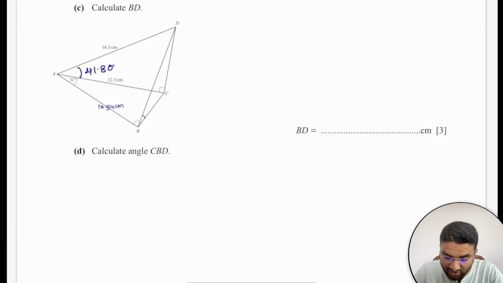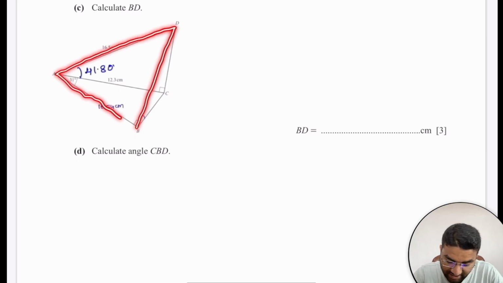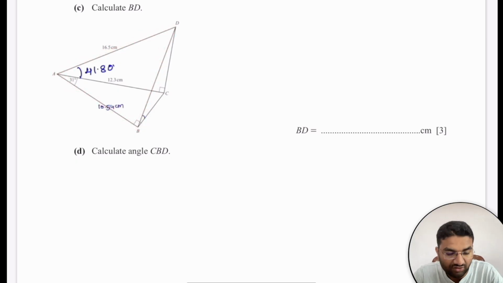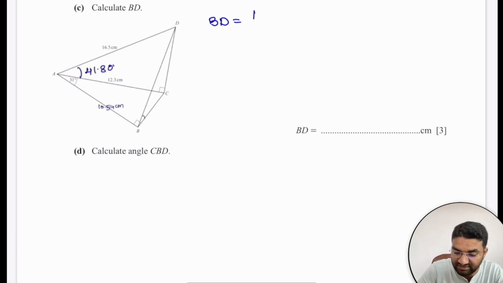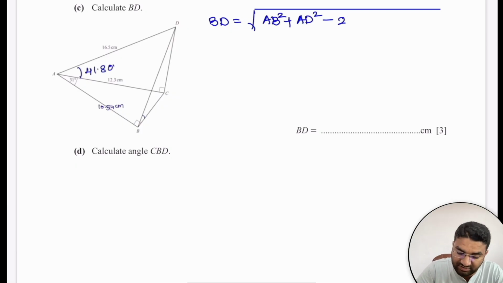Calculate BD. To calculate BD, we have this complete triangle, and we can use the cosine rule here. So BD is equal to the square root of AB square plus AD square minus 2 times AB times AD cos of 31 plus 41.80.